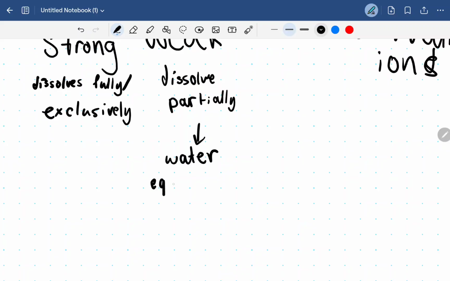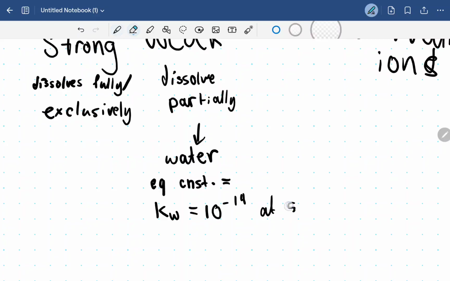The equilibrium constant is equal to Kw, this is what they call it, and it's equal to 10 power negative 14 at 25 degrees Celsius, or you might see it as 298 Kelvin.